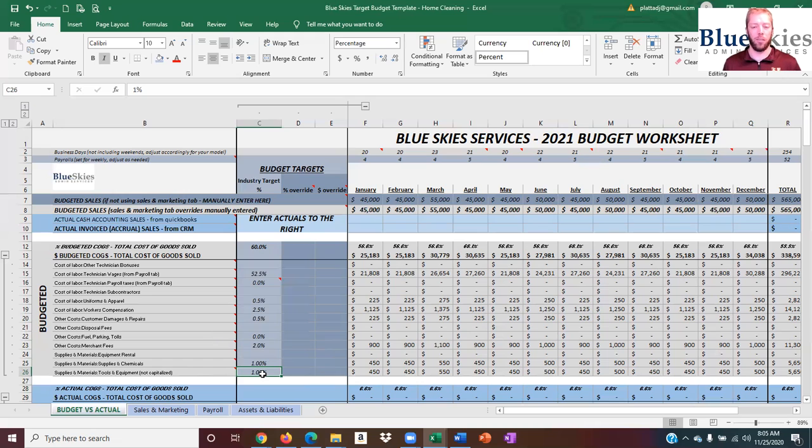So the different cleaning solutions that you use, maybe rags, or squeegees, or mops, or sponges and stuff like that. Tools and equipment would be bigger things that you use repetitively from job to job to job, like a vacuum or maybe a tote or something like that. So all in all, cost of goods sold, the things that you're using out at the job every single day, you'd want to shoot for 60%.